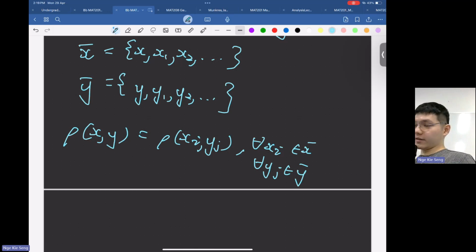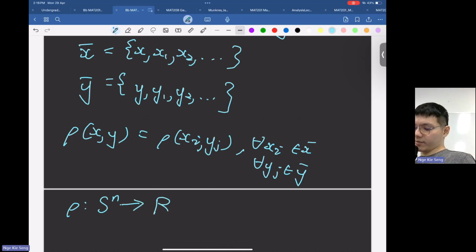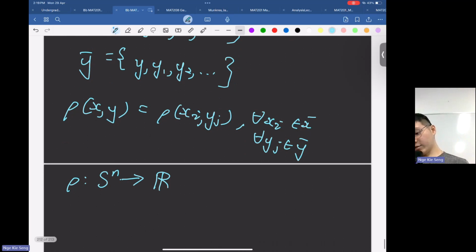I can define rho to take points in Sn and output some real number, and I want to make it a pseudo metric.